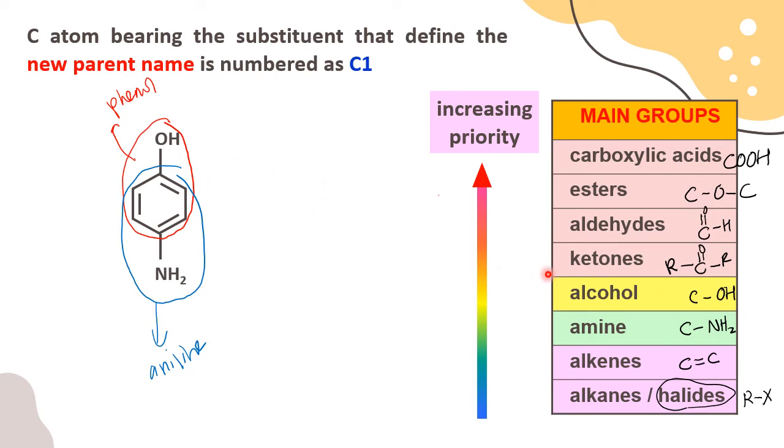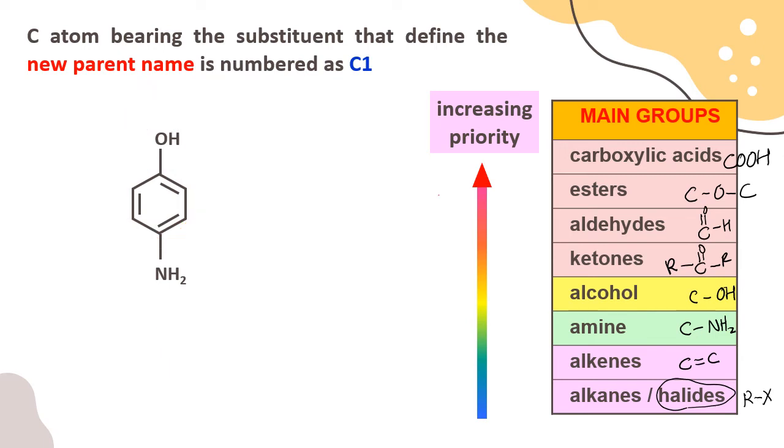Based on this list of priority, the hydroxyl group, which is our alcohol over here, has higher priority than amine. So that's why, for the name of this structure, the parent name will be given to phenol, and the NH2 over there will be the substituent.